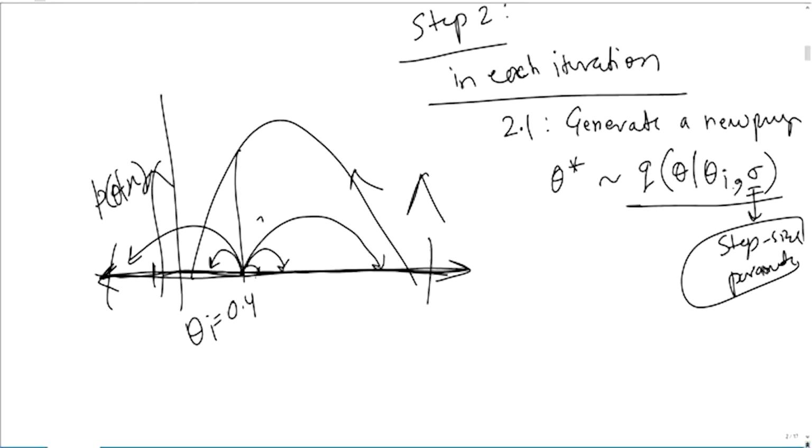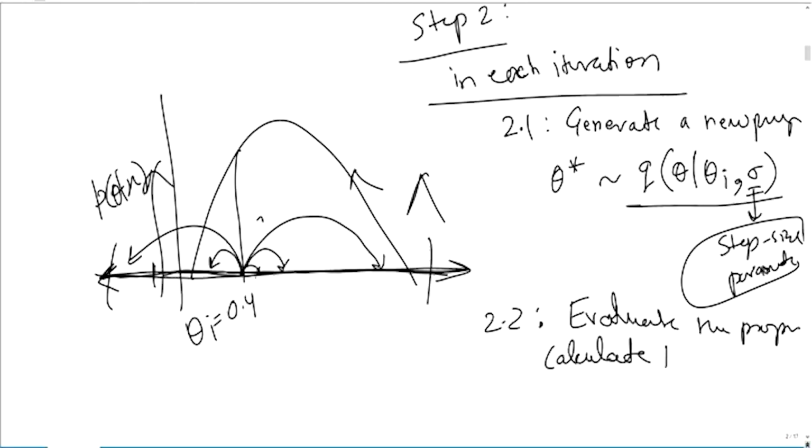Once you have generated a new proposal conditional on the current state of the chain and some step size parameter sigma, then in step 2 we evaluate the proposal. How do we evaluate the proposal in this case? We calculate the Hastings ratio. What is the Hastings ratio?